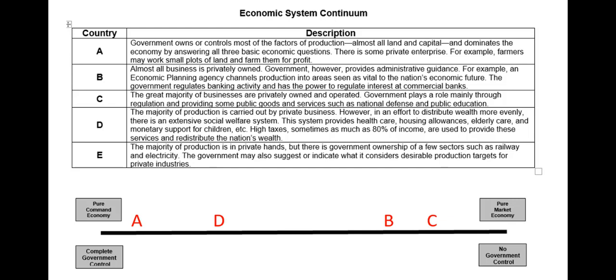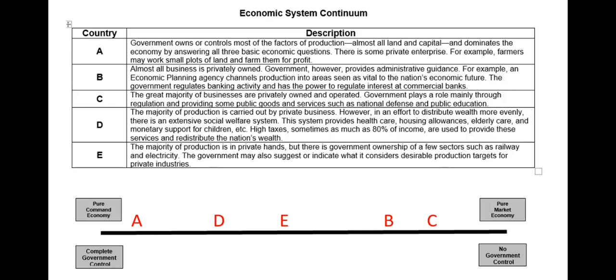Country E: the majority of production is in private hands, but there is government ownership of a few sectors such as railway and electricity. The government may also suggest or indicate what it considers desirable production targets for private industries. So, country E seems like it would fall right in the middle here. Majority of the production is done by private businesses, private companies, but the government can suggest what is being produced.